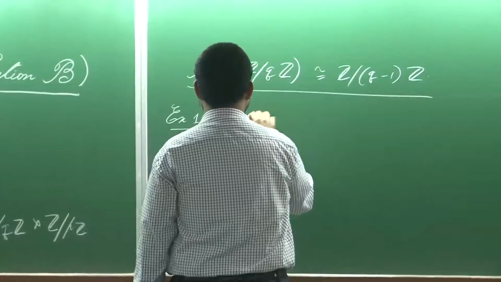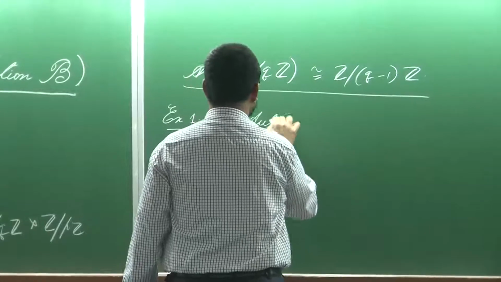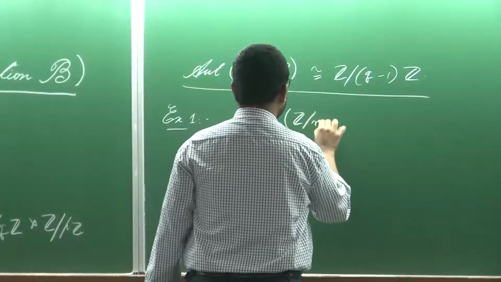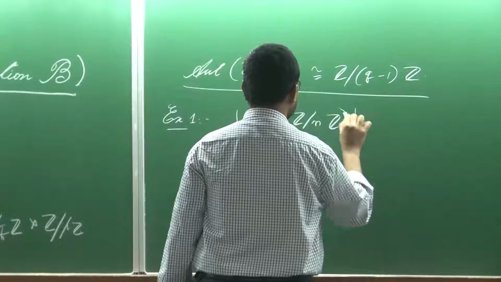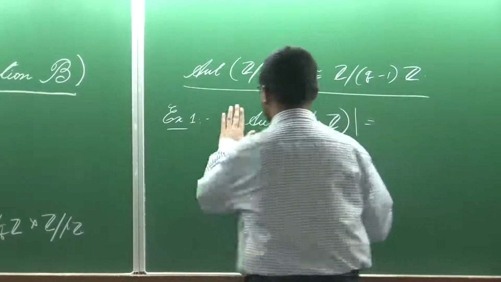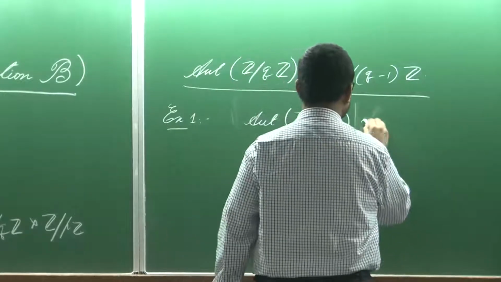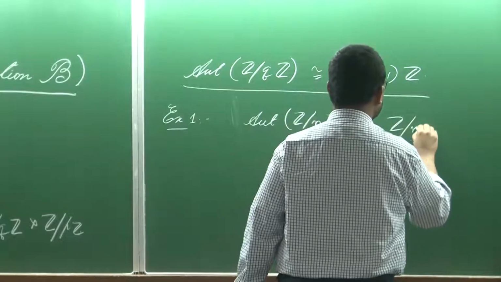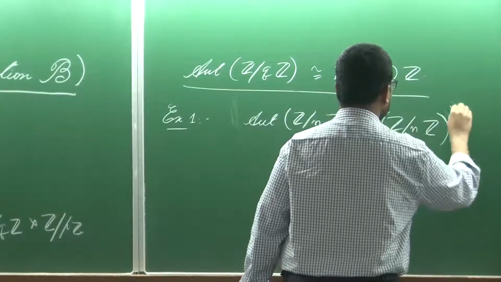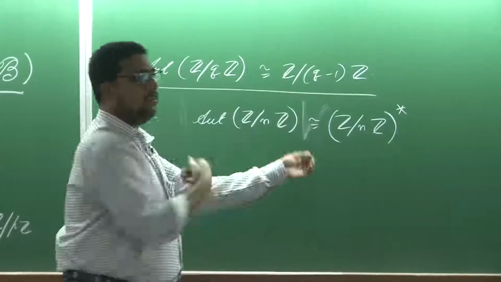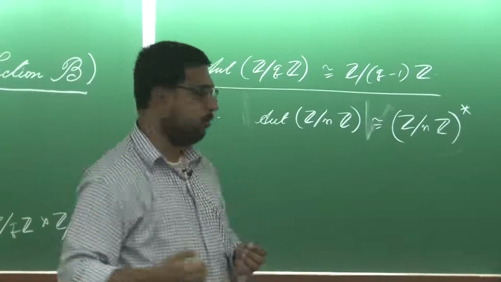So, first of all, it is quite clear that for any n, the automorphism group of Z_n is isomorphic to the multiplicative group of Z modulo nZ. This is the group of all modulo classes which are co-prime to n.